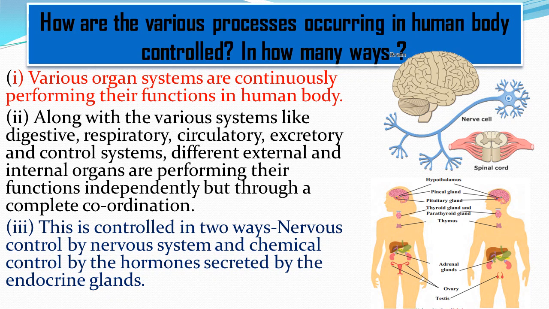These different glands produce different hormones which are helping in the particular functioning of the body, like the adrenal gland, thymus gland, and parathyroid gland. So these provide the chemical control of our body. There are two systems: nervous control and chemical control, in which hormones are secreted by the different glands.